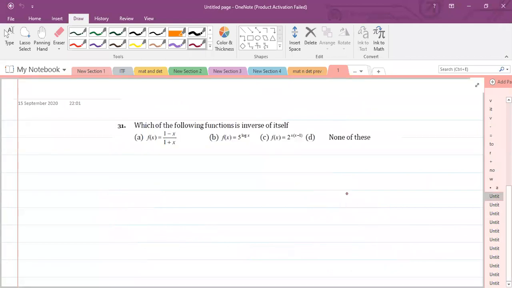Next one. Which of the following functions is the inverse of itself?